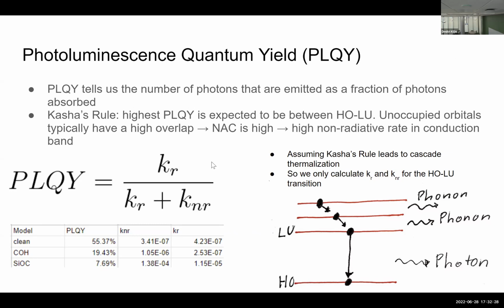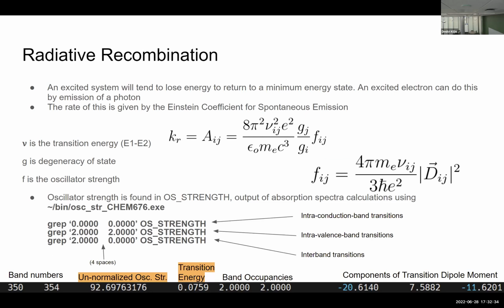I will calculate KR. KR will be calculated through the Einstein coefficient that we were just talking about with Will before, which will involve the transition energy between these two states and the degeneracy, as well as the oscillator strength.